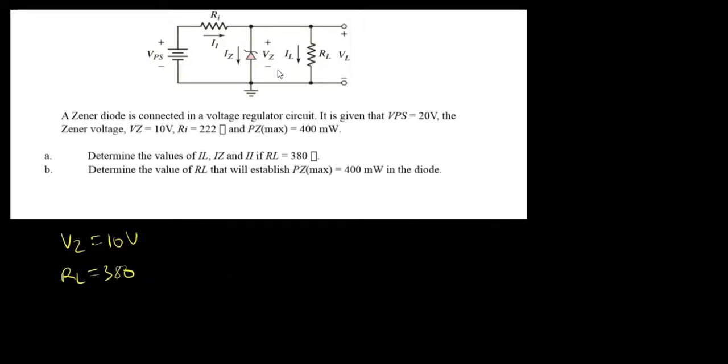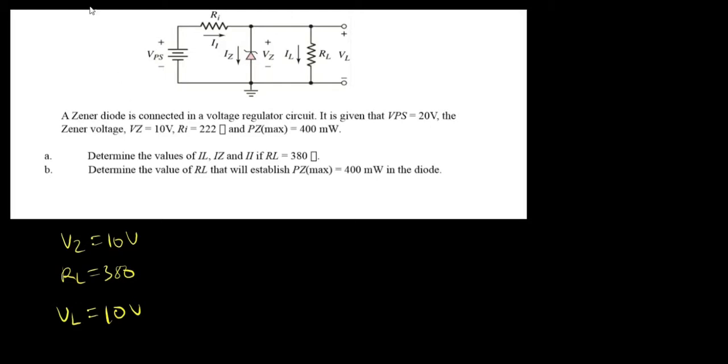But you know that the load and the diode are connected in parallel, so that means the same voltage will be across them. So the voltage in the Zener diode will be the same as the voltage in the load. If the voltage in the Zener diode is 10, that means the voltage in the load will also be 10 volts.